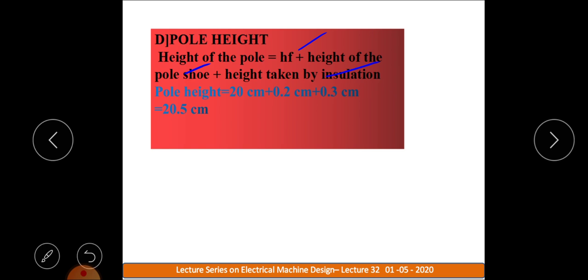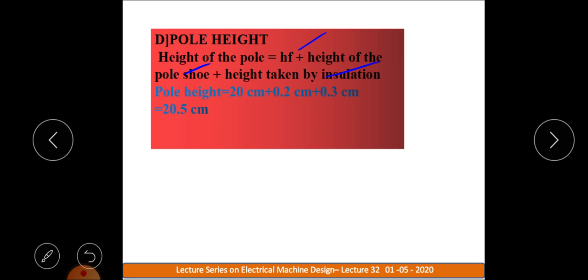So here at the pole shoe, the air gap is minimum at the center and it is increasing at both sides of the pole shoe at the tips. The height of field winding is already calculated as 20 centimeter.